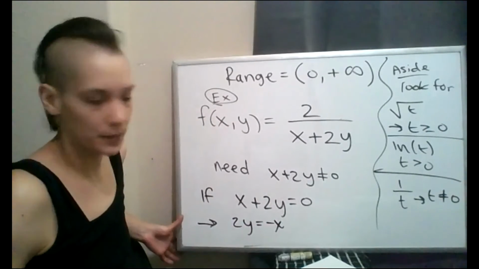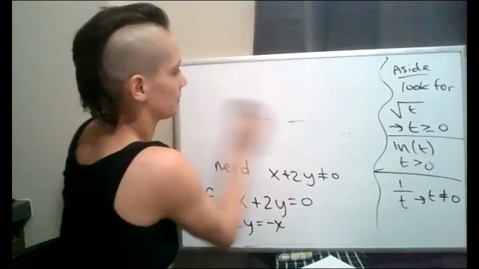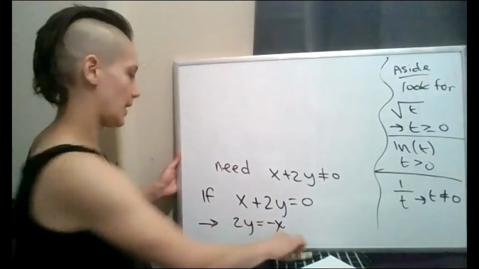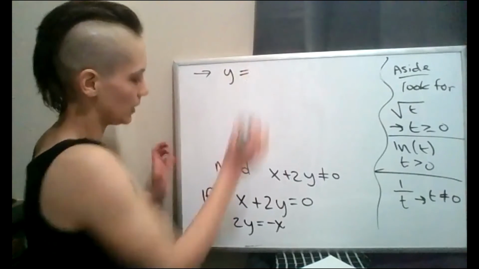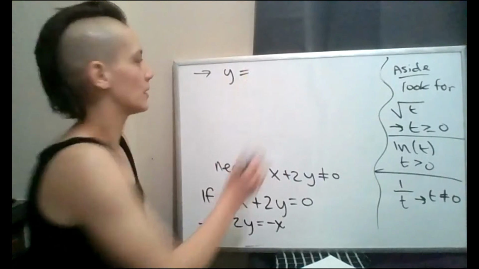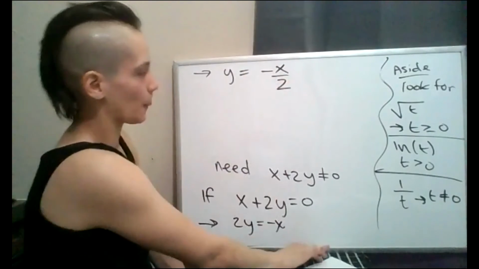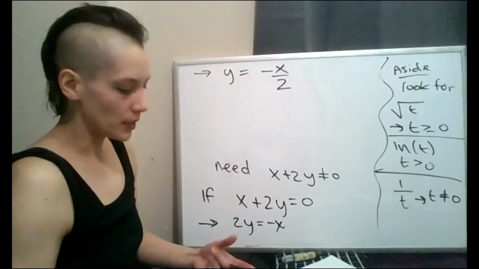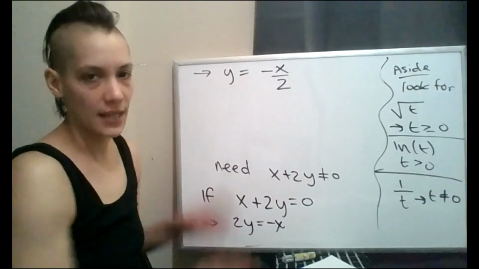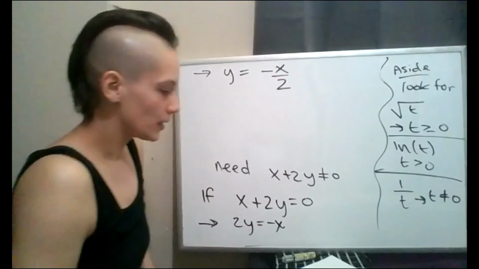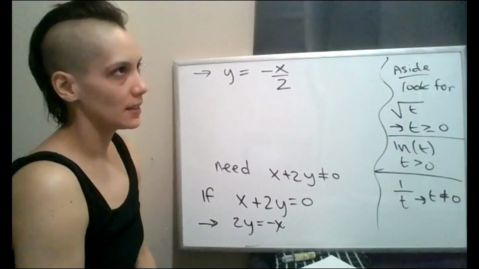Divide both sides by 2, and have y equal to negative x over 2. So the domain we would write as a set, and the graph is that picture we're going to draw. Or actually, the graph is technically also a set.